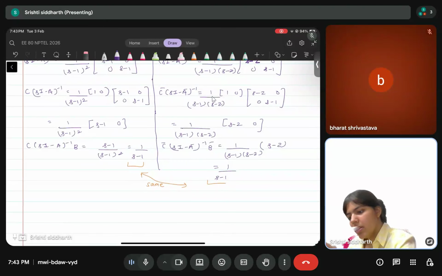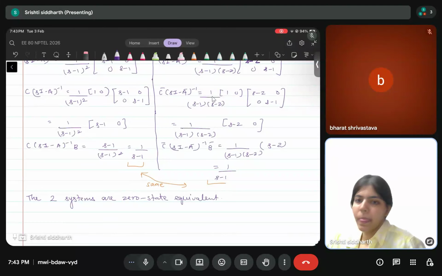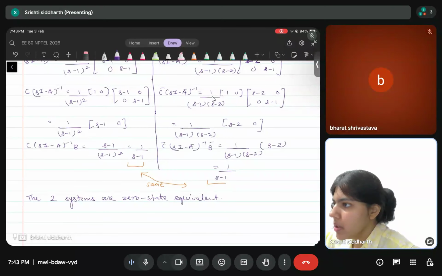The two systems are zero state equivalent. So I hope that this was clear to you.